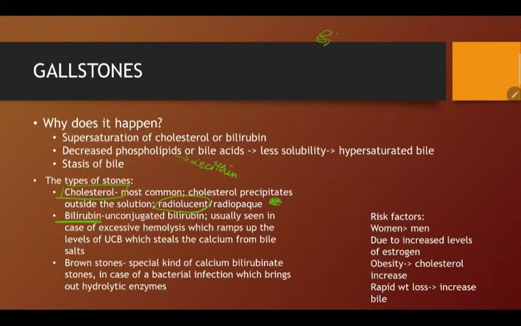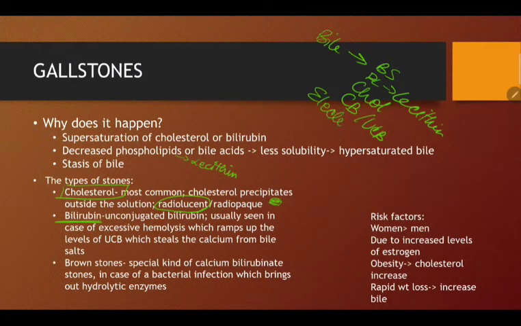Bile has bile salts, phospholipids like lecithin, cholesterol, conjugated bilirubin, in this case unconjugated bilirubin too, and electrolytes, specifically calcium and water, and also bicarbonate, right?